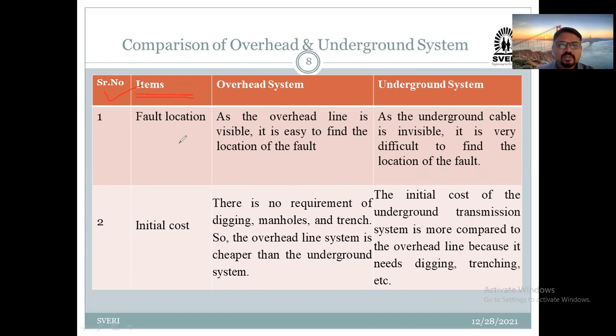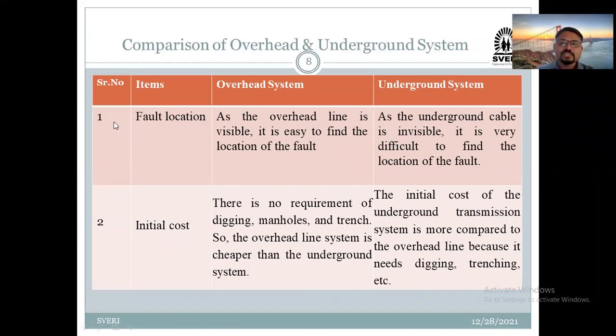What they have shown here is on which basis we are going to make the comparison, कुठल्या बेसिसवर कंपॅरिझन होणार आहे हे इथं दिलेलं आहे. ओके, आणि त्याच्यानंतर फर्स्ट कॉलम इज ऑफ ओव्हरहेड सिस्टीम, अँड सेकंड कॉलम इज ऑफ अंडरग्राउंड सिस्टीम. ओके, म्हणजे हा जो लेफ्ट हँड साइडचा कॉलम आहे, तो कॉलम आपण कशासाठी वापरलाय, on which basis we are going to make the comparison between overhead and underground system. Okay, so now we will start the comparison.